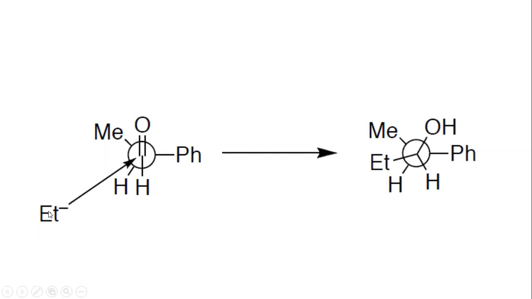This is the incoming nucleophile coming towards the carbonyl carbon; look at this bond and this approach, which makes approximately 107 degrees. That's how we should arrange the substituents on the rear carbon.